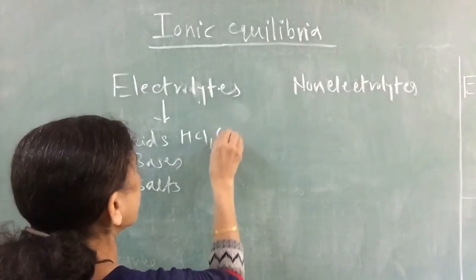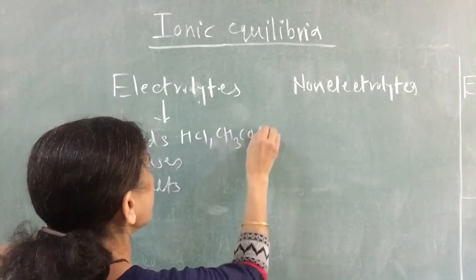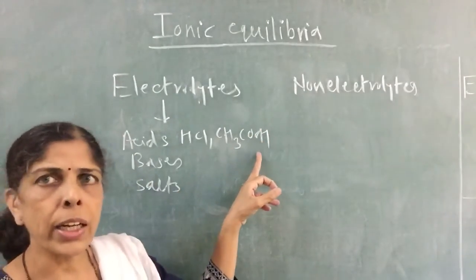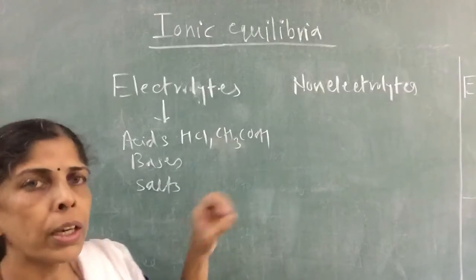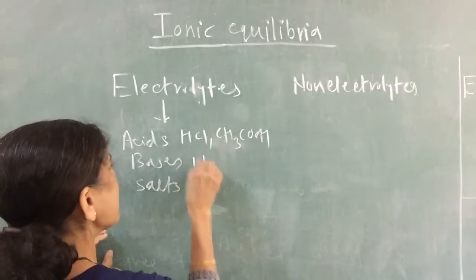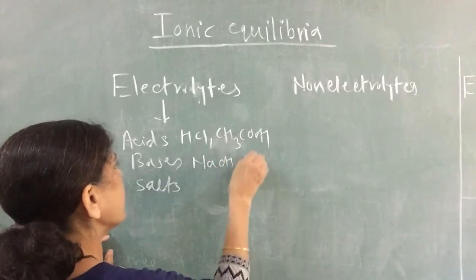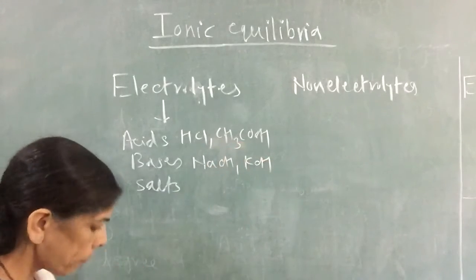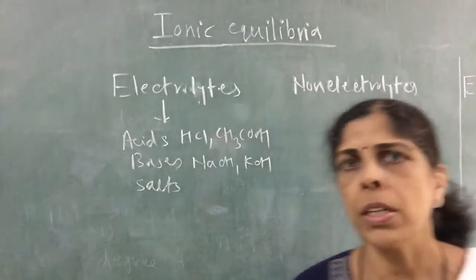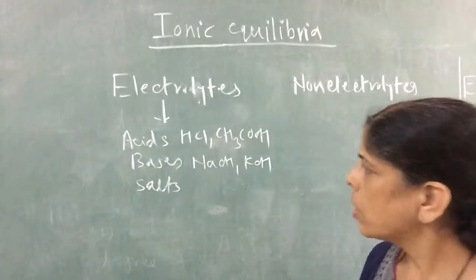If we take CH3COOH, a weak acid, it will form CH3COO minus acetate ions and H plus ions in aqueous solution. Bases like NaOH, KOH, NH4OH are able to give ions: K plus and OH minus, Na plus and OH minus in aqueous solution.